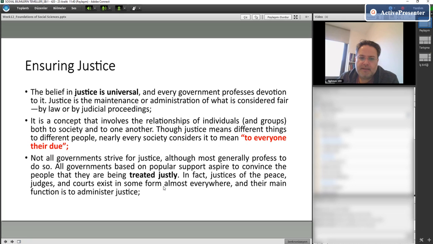And Colander says, even though all governments, all states want to ensure justice, even though they profess justice, it's not always the case, because it's not that easy.